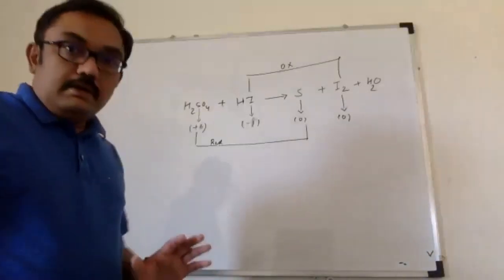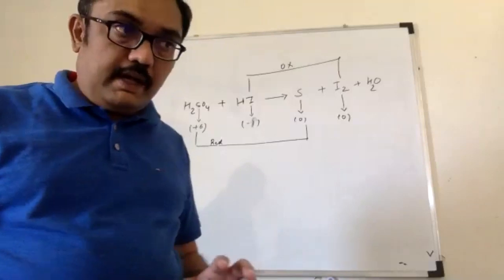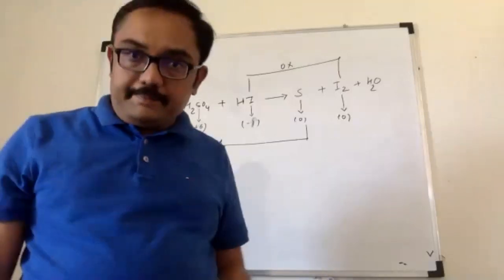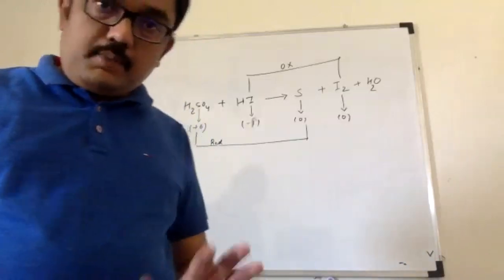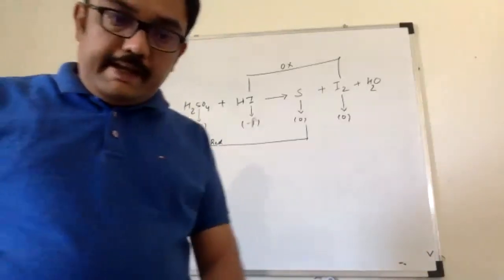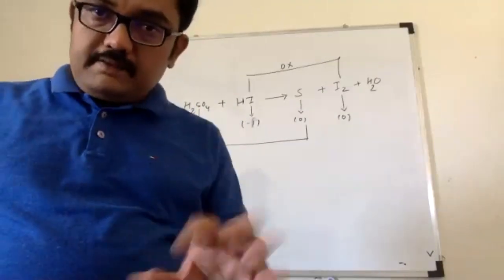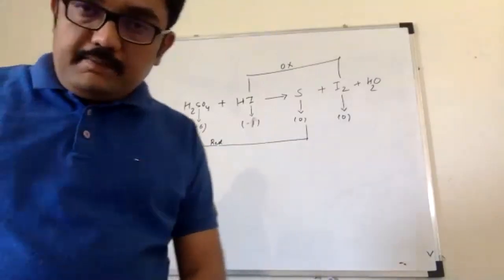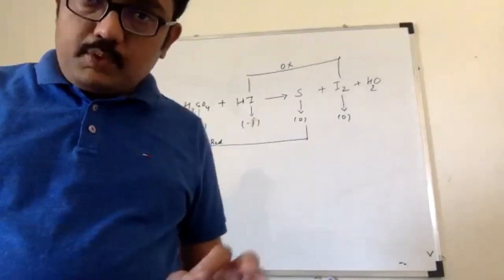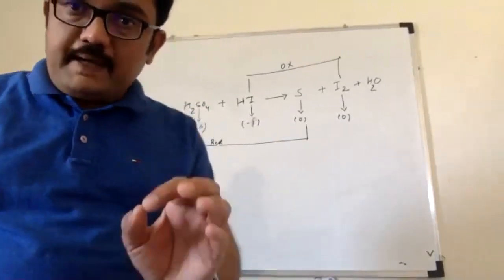So after finding the reduction half and the oxidation half, now the next step: see the atom that changes on both sides. And if they are not balanced, first you balance that atom.